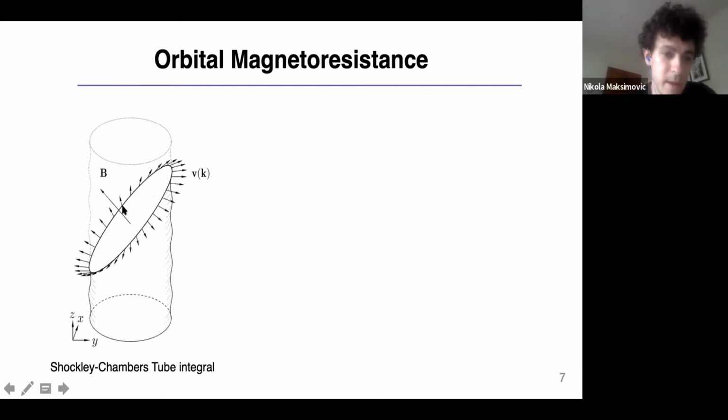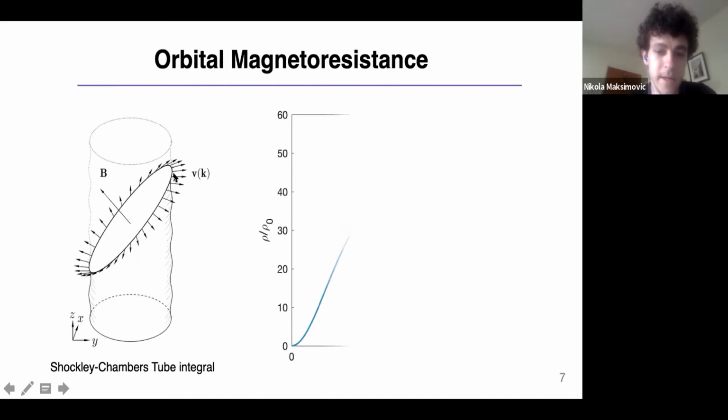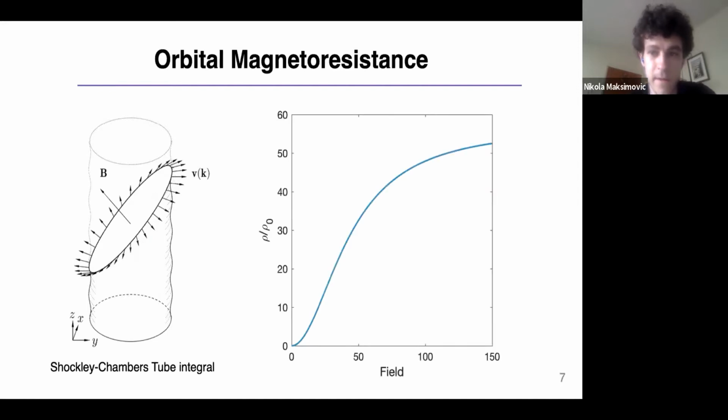And then when you apply a magnetic field in a perpendicular direction, the Fermi velocity of the quasi-particles will be averaged over these cyclotron orbits. And for most Fermi surfaces, the magnetoresistance that you get looks something like this. It's B squared at low fields and saturates at high fields. And there's a very, very narrow range of H linear dependence, if it's there at all. It's really more of a crossover regime between these two different extremes.